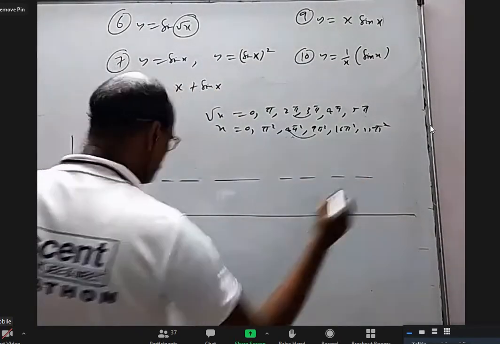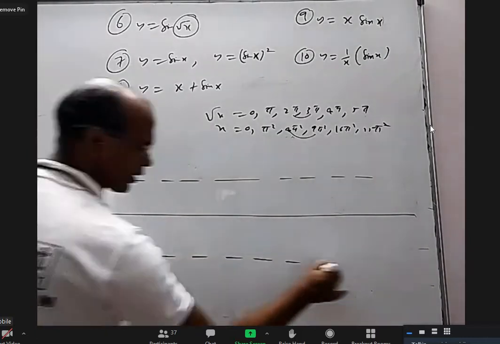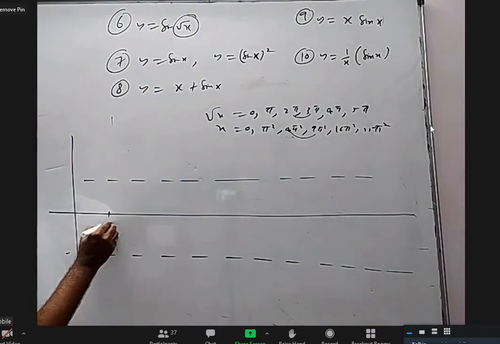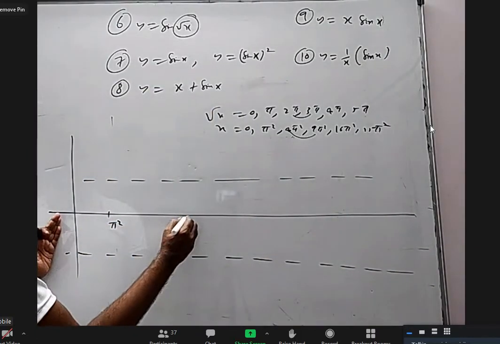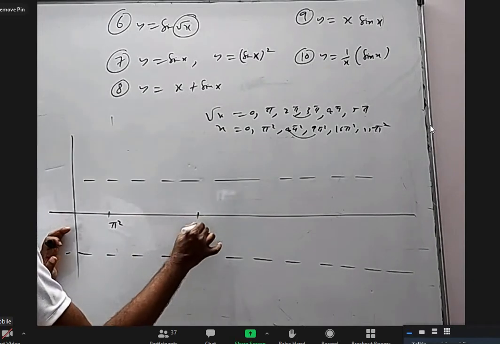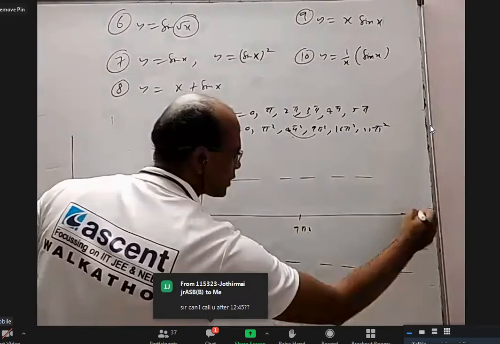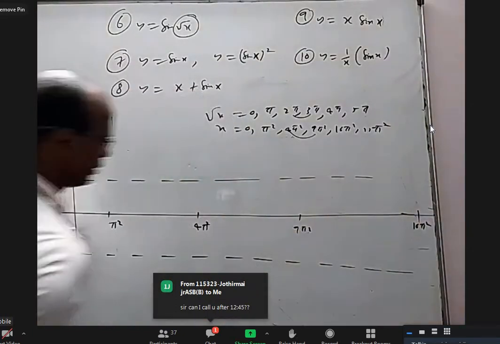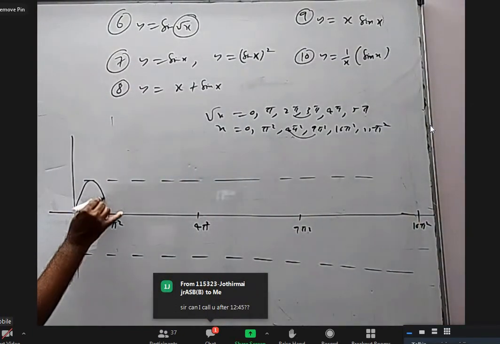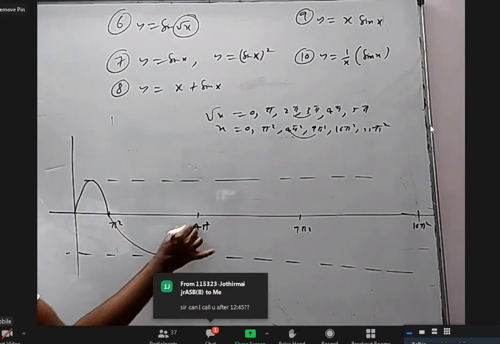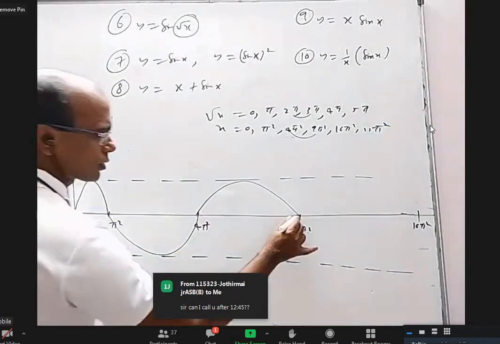Maximum value is 1, minimum value is -1. If I take this as pi square, 4 pi square will be here, quite far. Then 9 pi square will be here. Then 16 pi square will be very far. So the first wave is like this first loop. Next is this. Next is this.